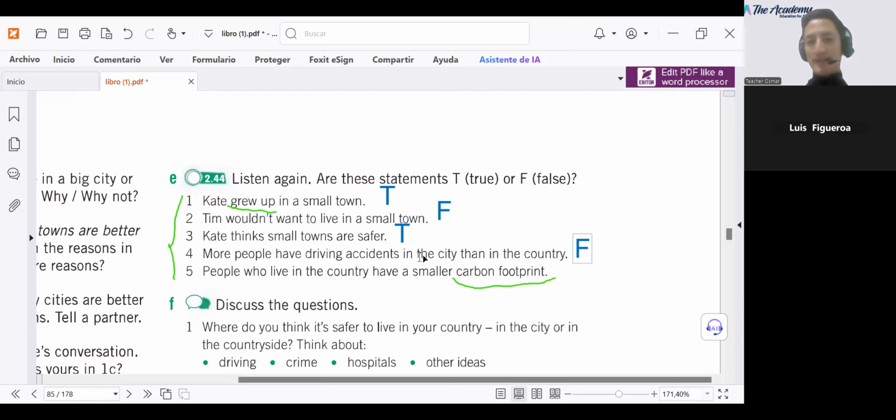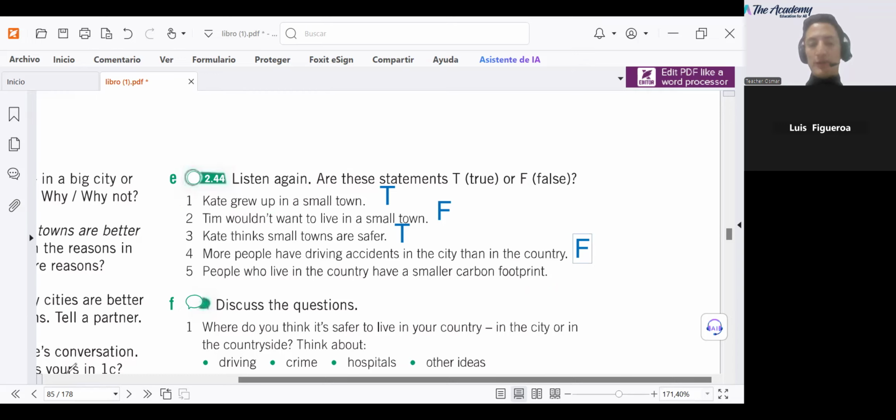Got it? ¿Qué es lo que Tim decía? Que en realidad hay más accidentes en el country, in the countryside, es decir, en el pueblo. And finally, number 5, people who live in the country have a smaller carbon footprint. True or false?